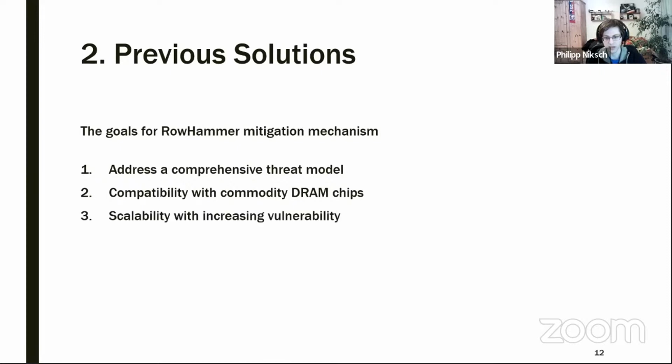It also needs to be scalable with increasing vulnerability to RowHammer attacks. And it wants to be deterministically preventing all RowHammer attacks. It even goes so far as proving that there cannot be any successful attacks on the system.